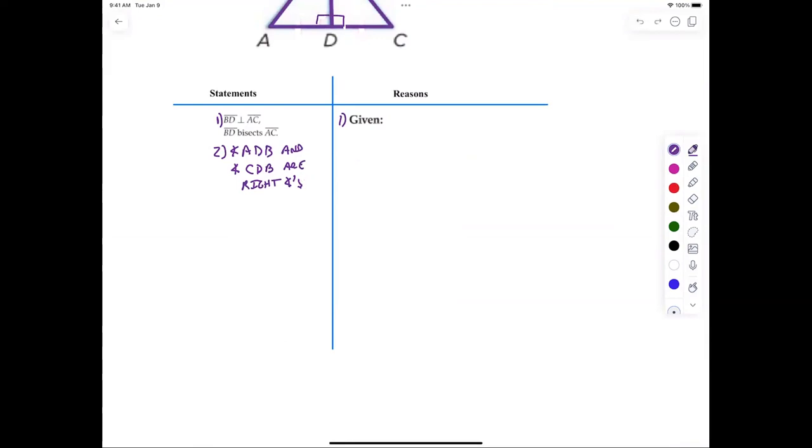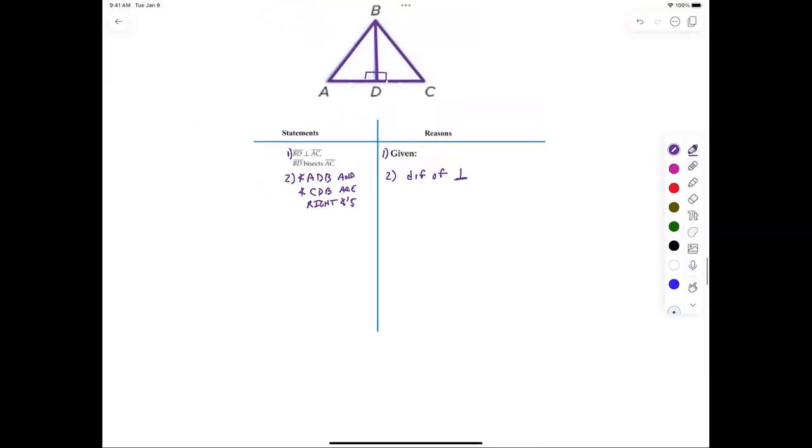Step 2, definition of perpendicular. Lines are perpendicular, meet at right angles.